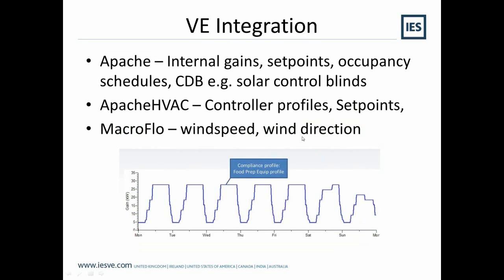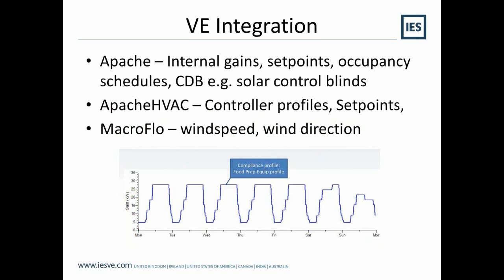Some other areas where this can be used, I mentioned some of these already, but clearly internal gains within Apache. Maybe set points we can use to be more dynamic. Maybe represent the way users are actually jacking set points up and down to compensate for the HVAC system.